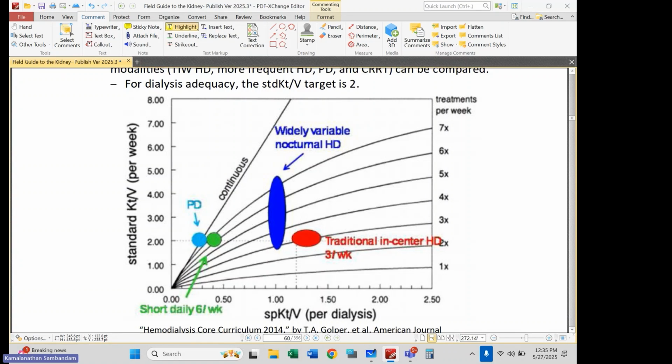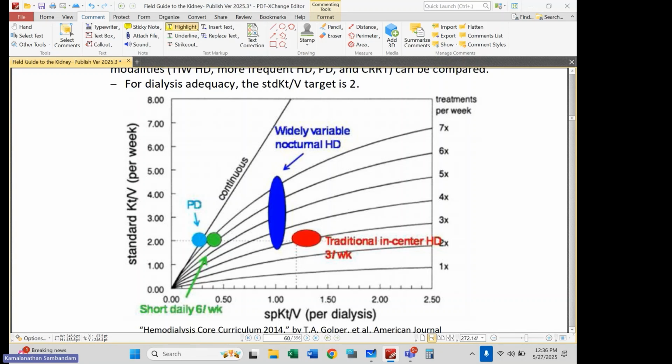If you divide by 7, you'll get each day's dialysis KT/V of around this range. Here we're at 0, 0.1, 0.2. It's really in this 0.25 range or so. That is equivalent to a weekly KT/V of 1.7. I just divide 1.7 by 7, okay? And you can see that that also lands on a standard weekly KT/V of around 2, okay?